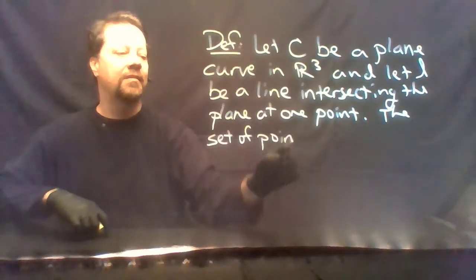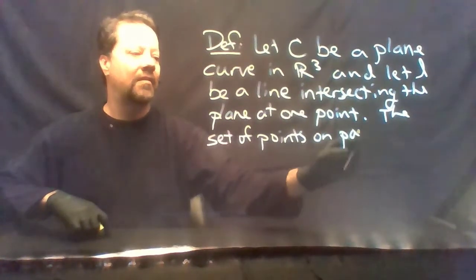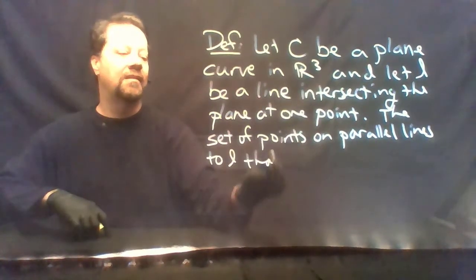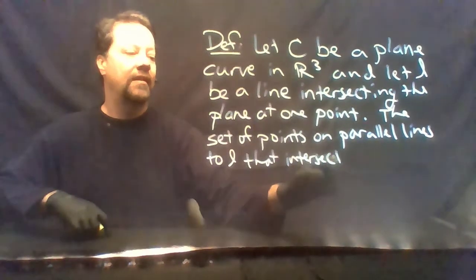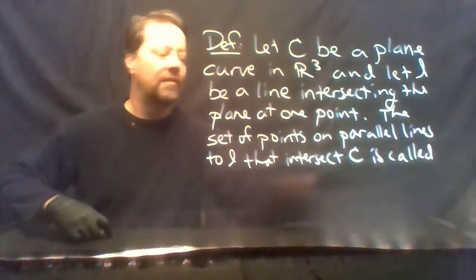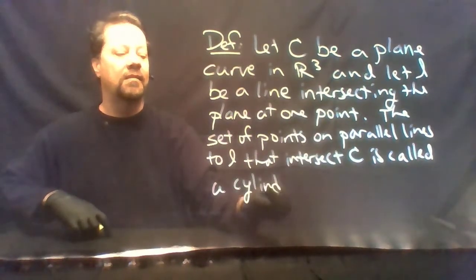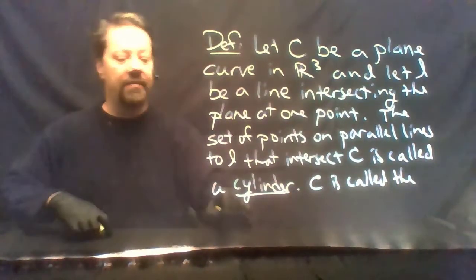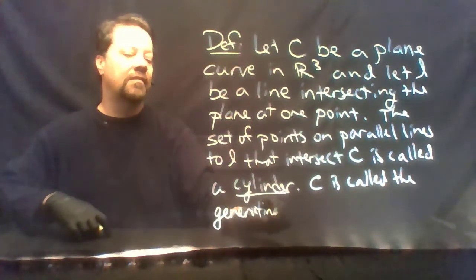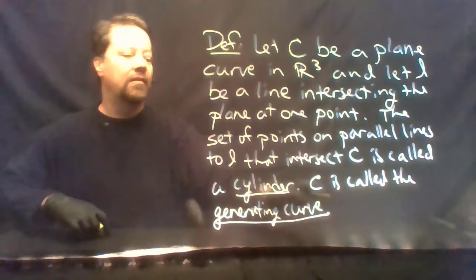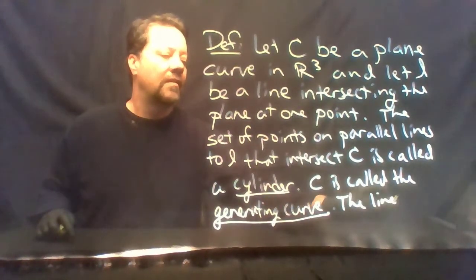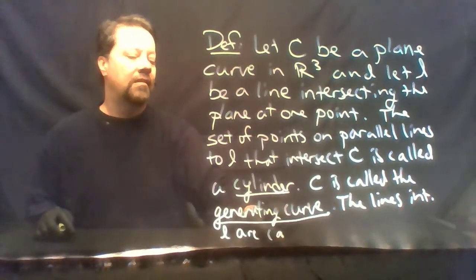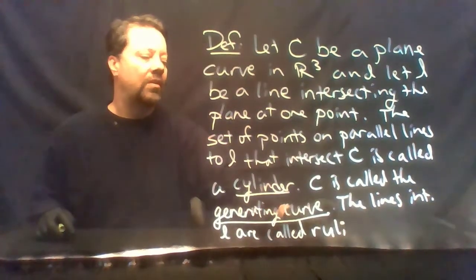The set of points on parallel lines to L that intersect C is called a cylinder. C is called the generating curve. The lines intersecting C parallel to L are called rulings.